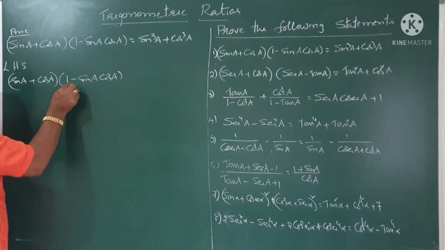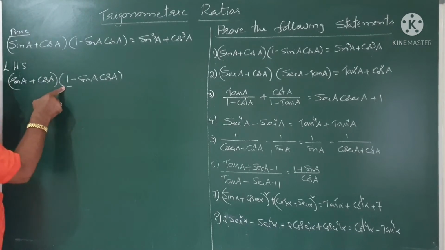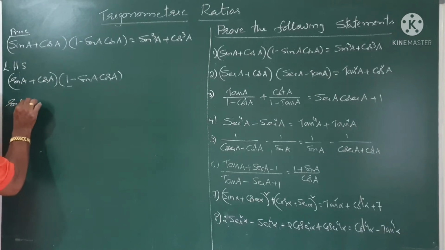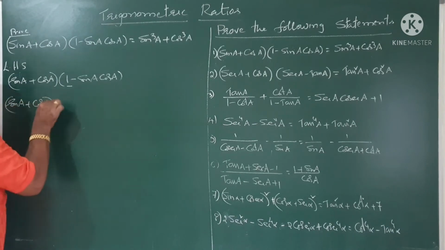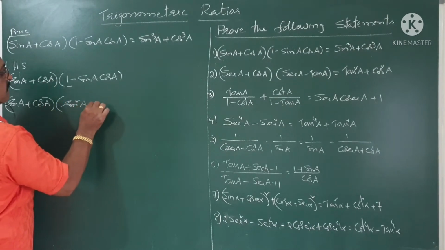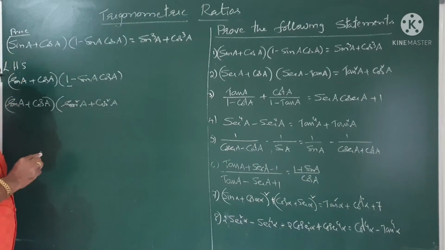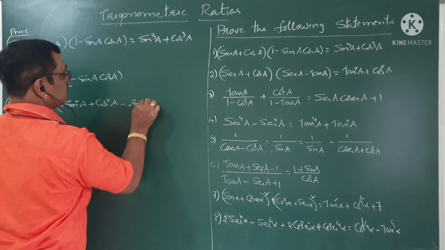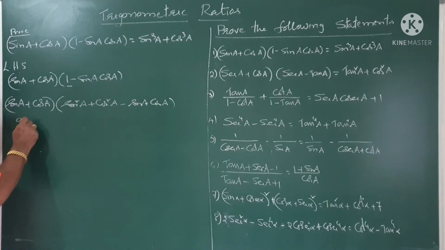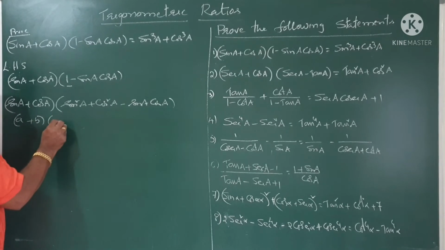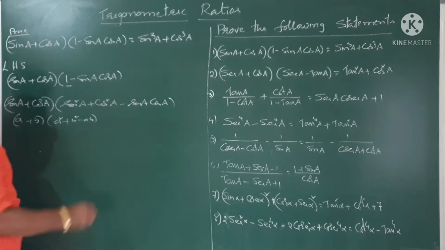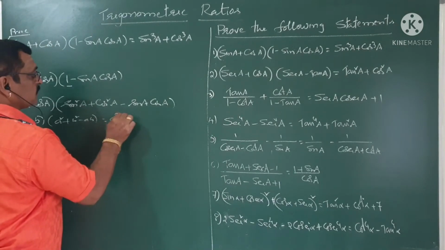I focus on the 1. I can write this 1 as sin square A plus cos square A, because we have this identity. So we have sin A plus cos A times sin square A plus cos square A, and the next term is minus sin A cos A. It looks like A plus B times A square plus B square minus AB, and you know very well that is nothing but A cube plus B cube.